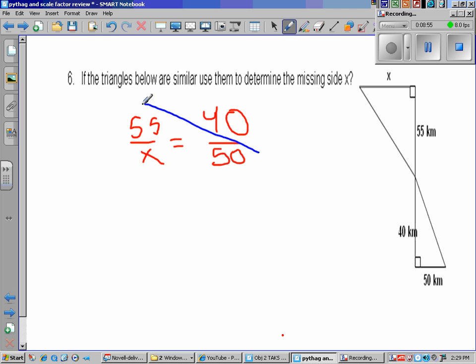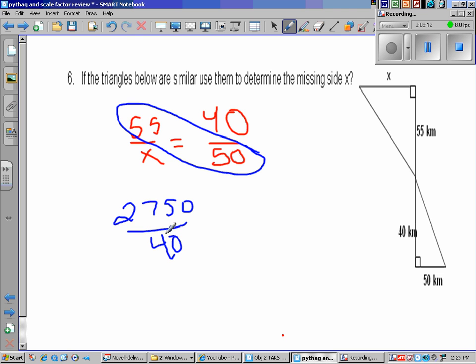I multiplied these two together right here, and took 55 times 50, and got 2,750. And I divided that by 40, and got 68.75. And that would be that side.